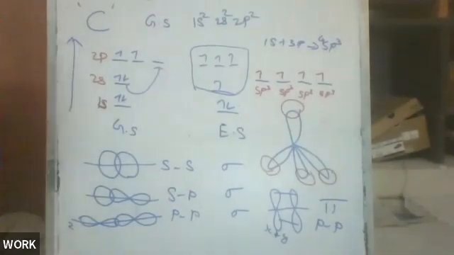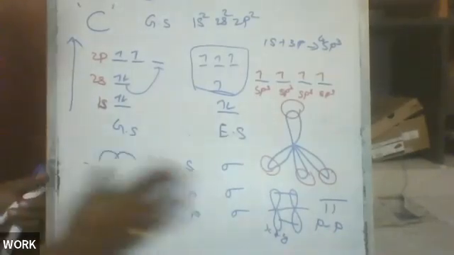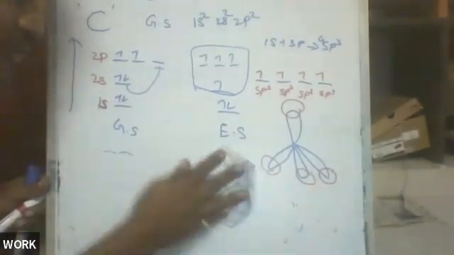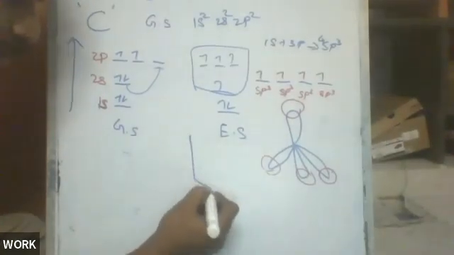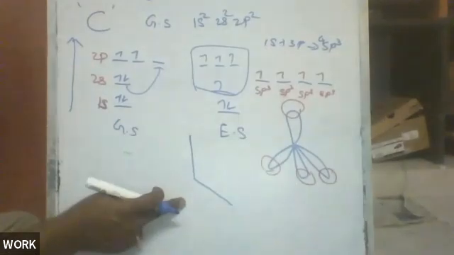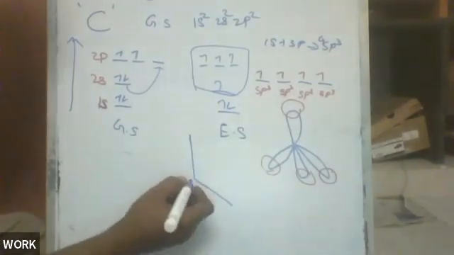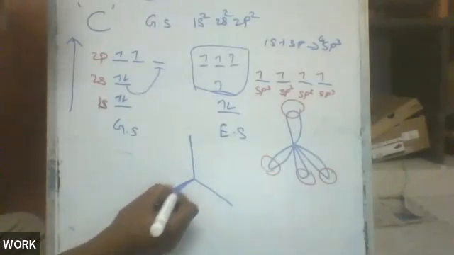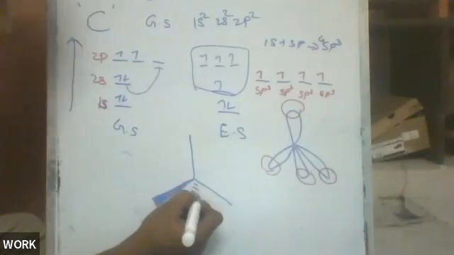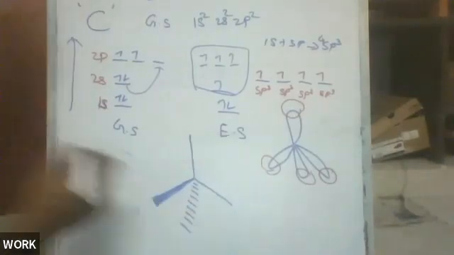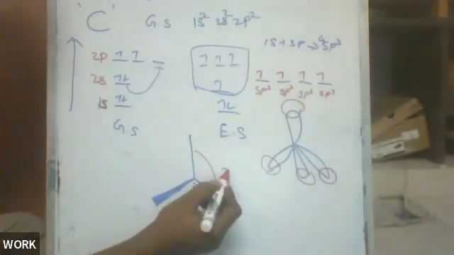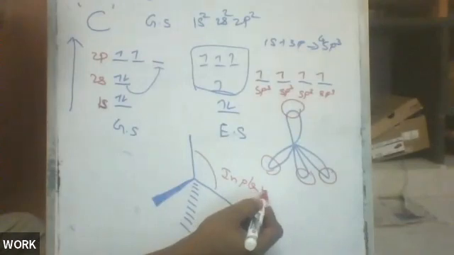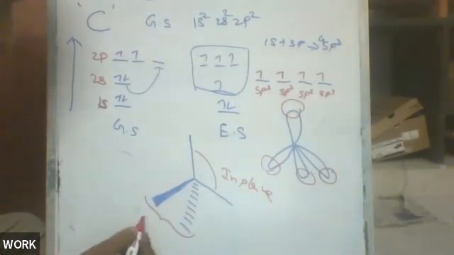In the class itself, I told you when you have a tetrahedral shape, two bonds are joined together and lie in the same plane. A solid line indicates they are in the same plane. And one more line they will put like this, and then like this. So these two are in the plane, and these two are out of plane.